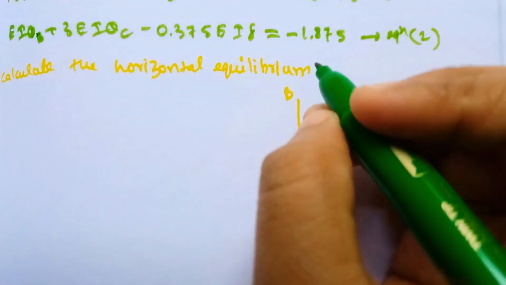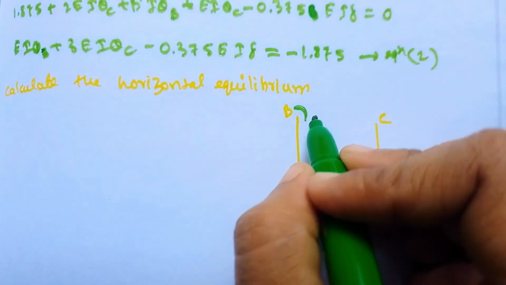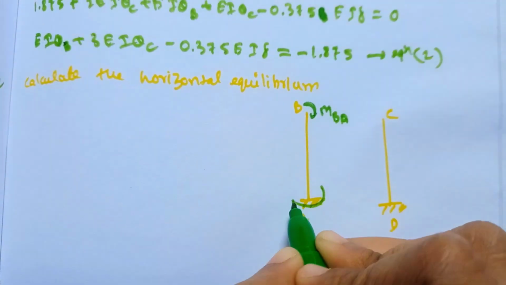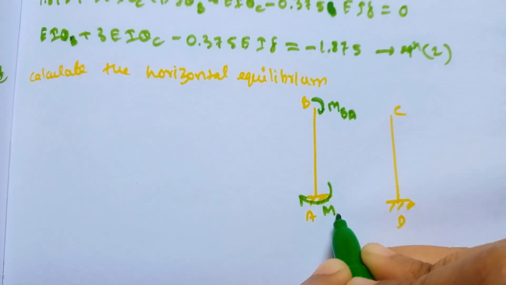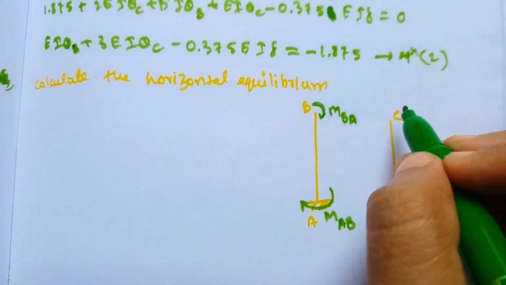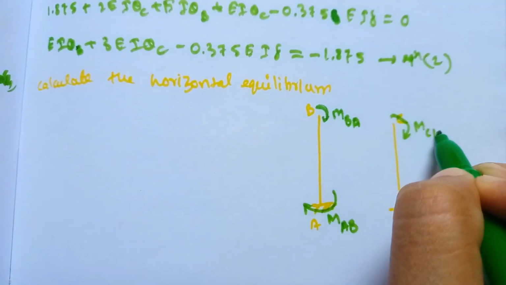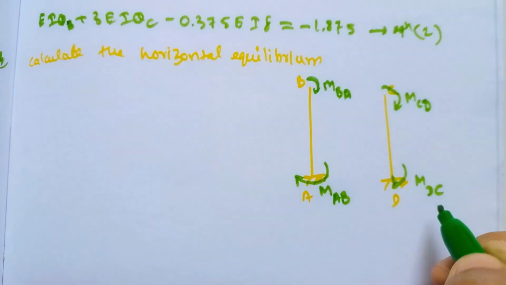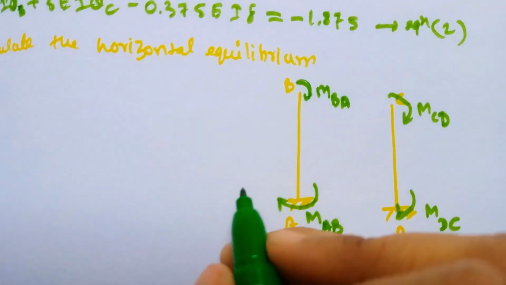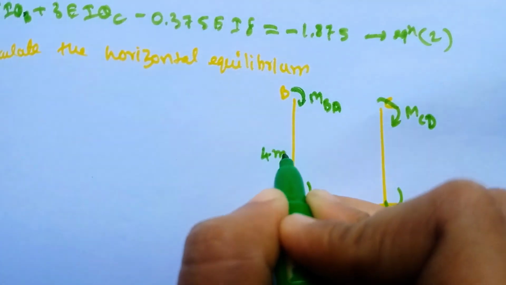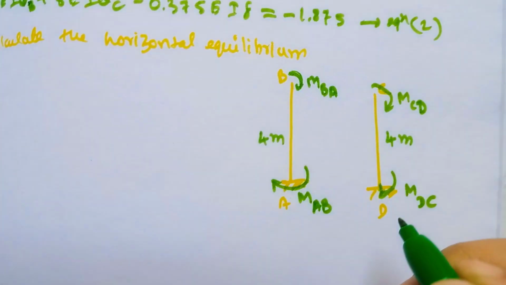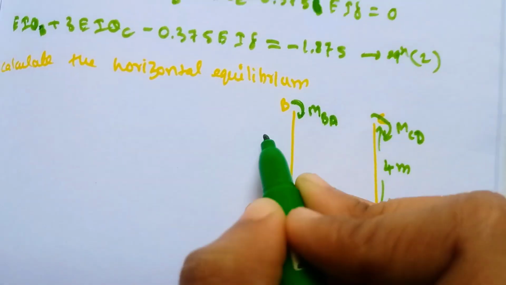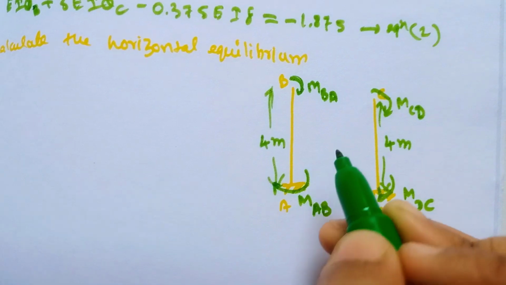At point B the moment will be MBA. At point A the moment will be MAB. Similarly at point C, MCD will take place, and at point D, MDC will take place. These moments are all in clockwise directions. Here the length is 4 meter, and here also 4 meter, the distance from here to here is 4 meter, and here also from here to here is 4 meter.